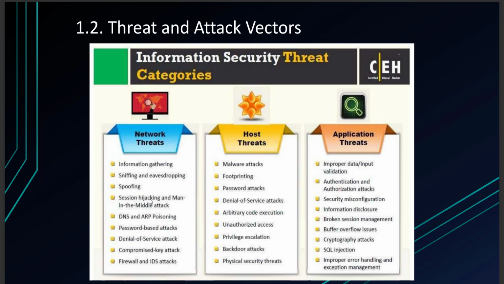If you're sending a message from a computer to another, when the hacker has access to the network, he tries to intercept this message, to take it, to modify it, and to send it back to you. He tries to manipulate the DNS and the ARP requests, which we will talk about later, and try to do password attacks, denial of service, to make some services unavailable, like for example the router or the firewall, and try to do other attacks as well.